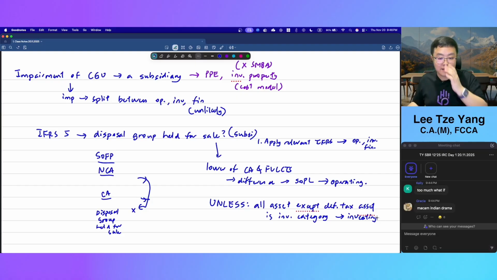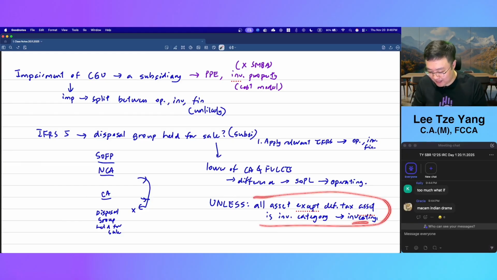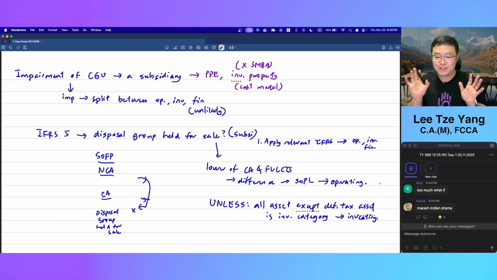In other words, if this disposal group is a subsidiary where 100% of the assets are investment property, then classifying that as investing makes sense. But the moment your company has PPE, everything goes to operating already. So this is a very small exception. Because if you have this kind of company, saying this is operating is a bit strange. So that's why they say, if really all your assets are under the investing category, then you go for investing.